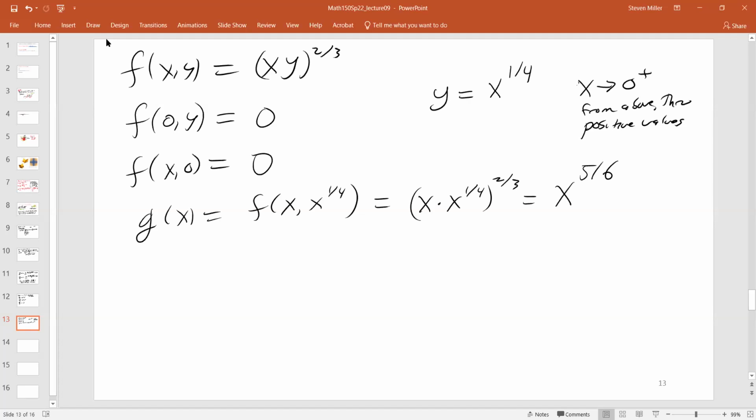Right? What if I try to take the derivative of x to the 5/6? What happens? As x goes to 0, what's going to happen to the derivative of x to the 5/6? So, what's the derivative of x to the 5/6?